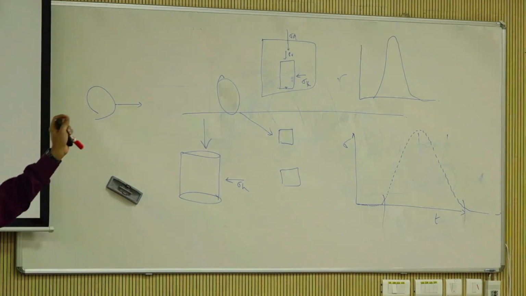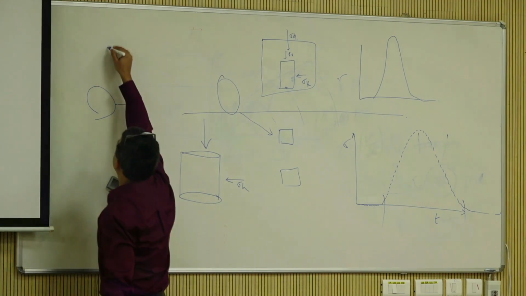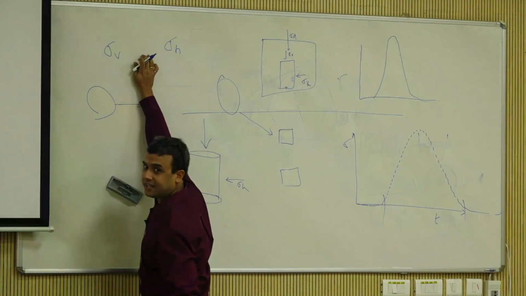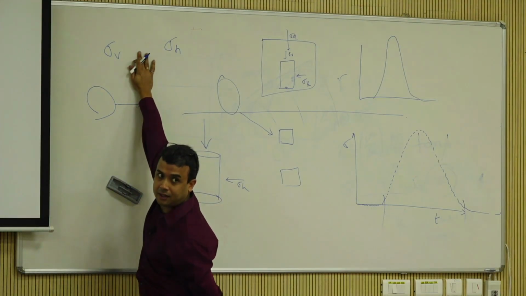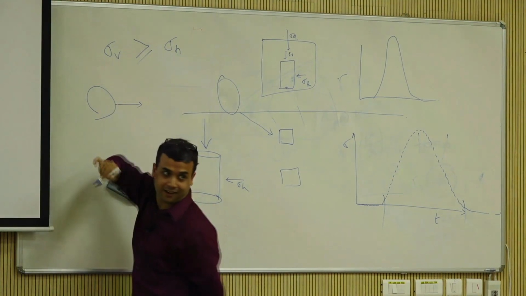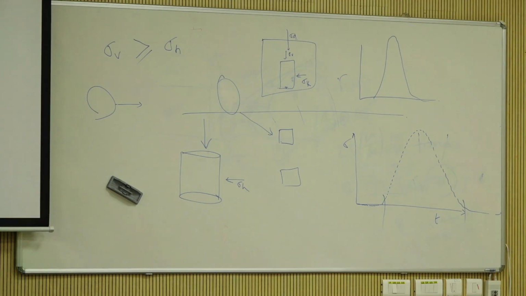In terms of inequalities, what always holds true here? Sigma V and sigma H. What should I write here? What is the inequality? There. Yes? Always.